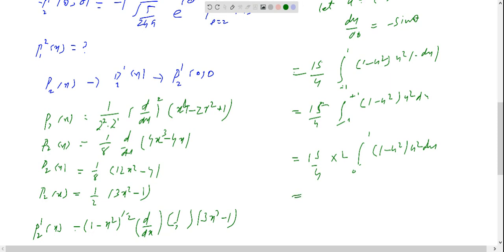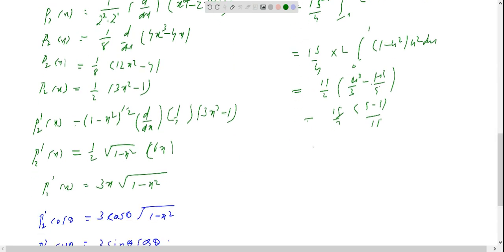So putting the limit, we get 15 out of 2 into [1 out of 3 minus 1 out of 3 and 1 out of 5]. So this becomes 15 out of 2 into (5 minus 3) out of 15, and we get the value as 1.